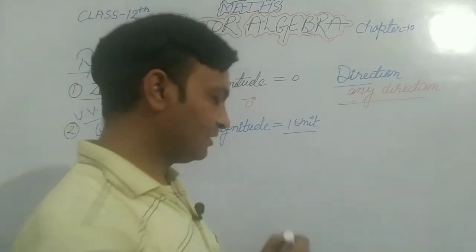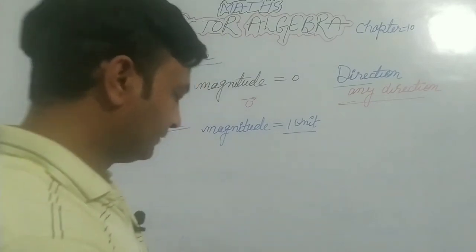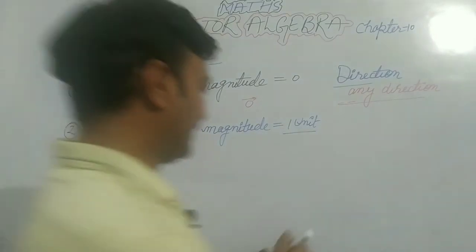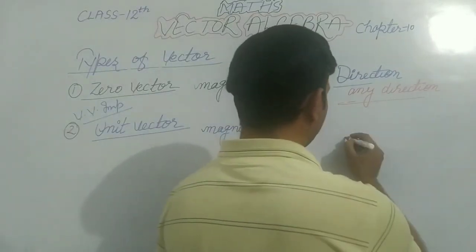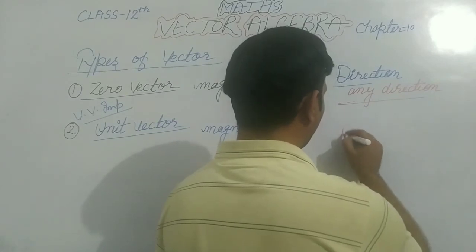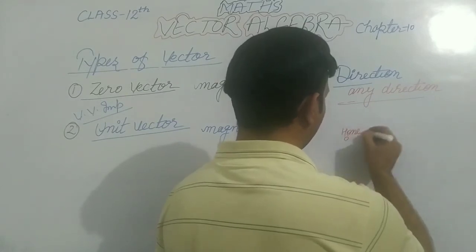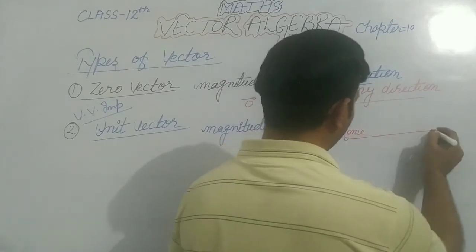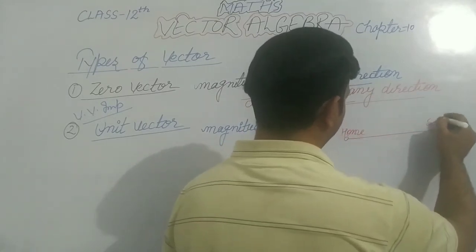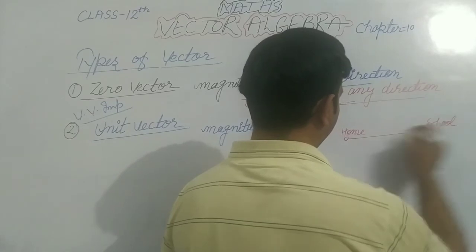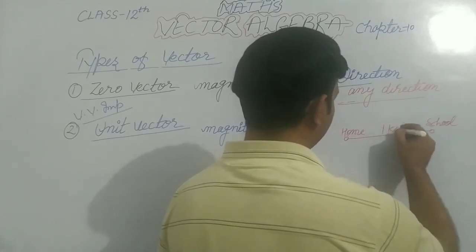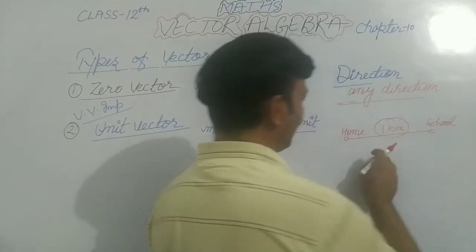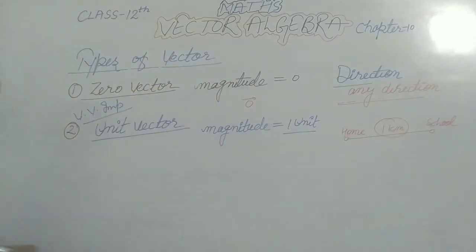What is the meaning of 1 unit? Suppose the distance from your home to school is 1 kilometer. So that 1 kilometer is a unit vector, we can say.